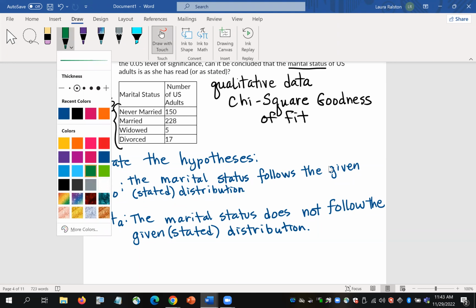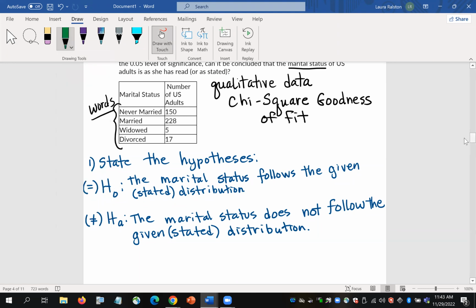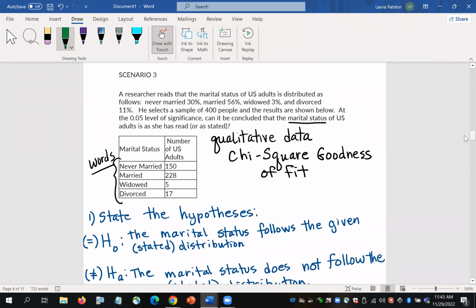Step 2 is to identify the needed information. I'm going to write that up here, because the needed information is the table that you're given. So you need this table. We also need our level of significance, or alpha, which is 0.05.